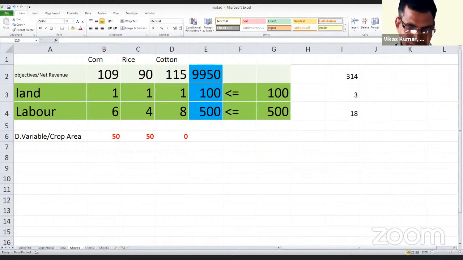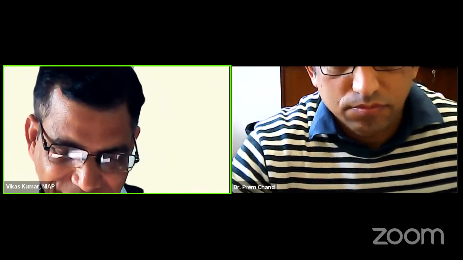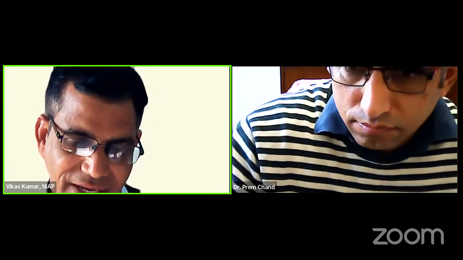Now we will have another topic here, the multiple objective optimization for sustainable agriculture. This will be taken up by Dr. Premchand. He is a senior scientist in ICAR-NIAP. He has more than 15 years of experience in different areas, and he has worked in different institutes. More than 7 years he has worked in Jabalpur.